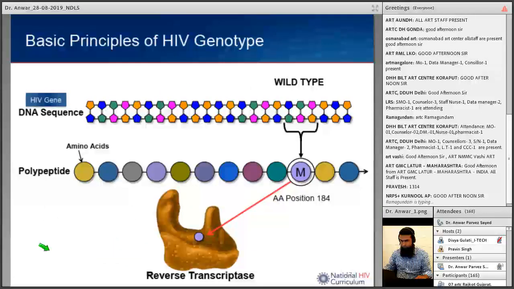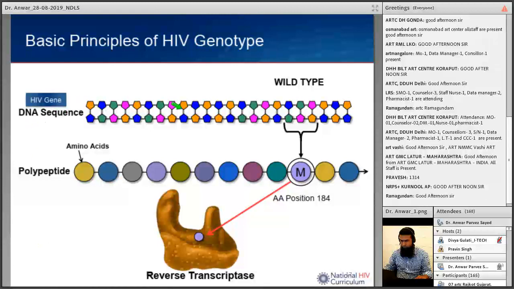So this is, for example, the HIV gene DNA sequence of wild type, which is known. Now they have done this typing. They know at what number in the sequence of amino acids, which amino acid you expect. So this is what they have as a known HIV genome.